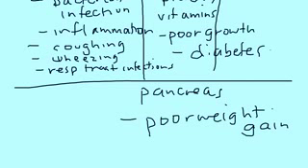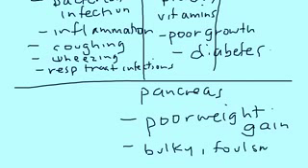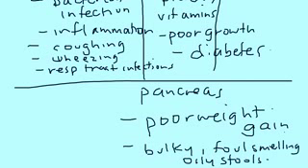And another thing that a child can develop because of the pancreatic problem is the bulky, foul-smelling stools, because the fats that are normally absorbed are not being absorbed, and they're just being secreted along with the stool. Bulky, foul-smelling stools.